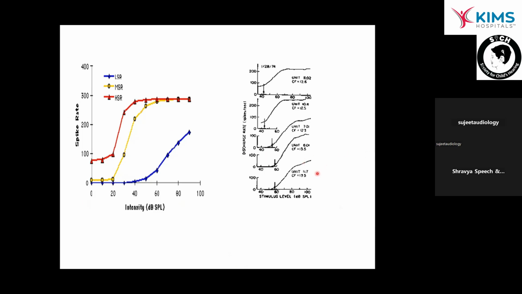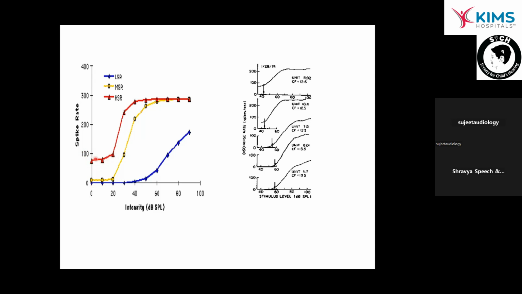Okay, now see this. Now what is the effect here? Here on the x-axis you have the intensity, and on the y-axis you have the spike rate. Spike rate means the total number of action potentials which are generated. So if you look at the high spontaneous rate fiber which has low threshold, it starts firing at 0 or 5 dB itself.